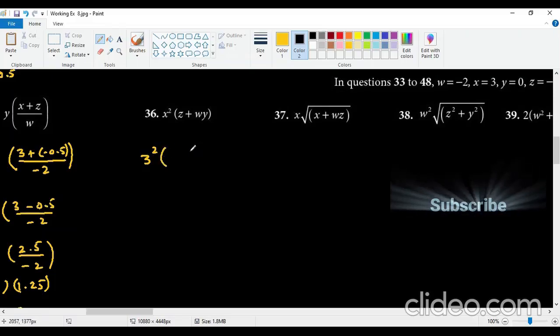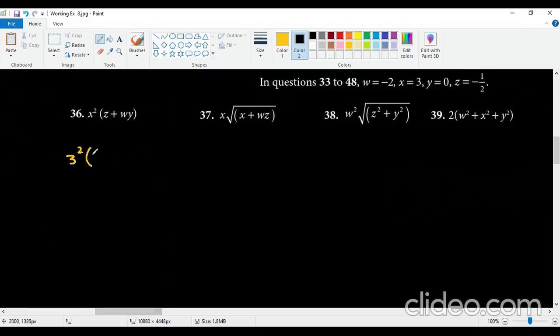Now again here the value of x is a 3, which is a square, and inside the bracket the value of z is a negative 0.5. I should write here negative 0.5 plus w has a value of negative 2 and y has a value of 0.